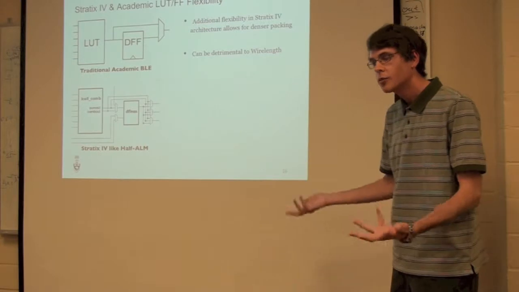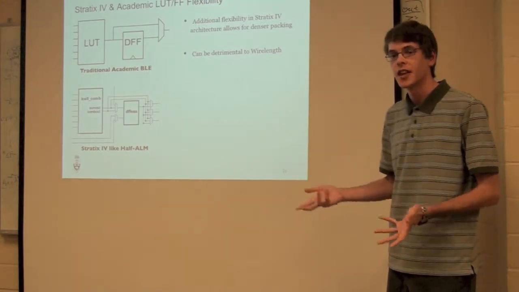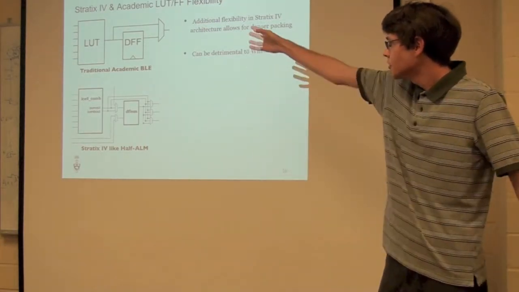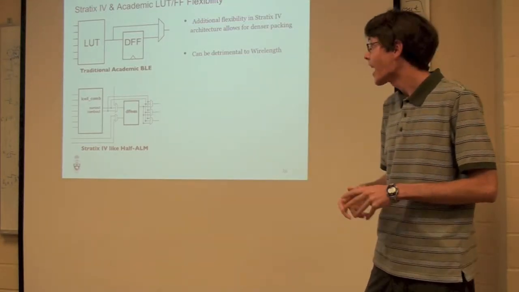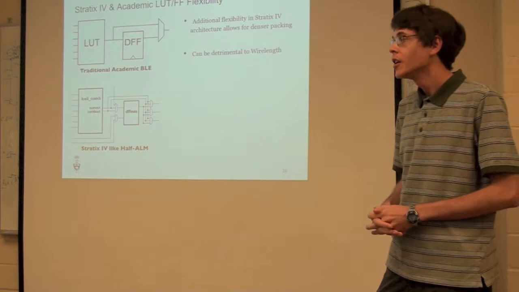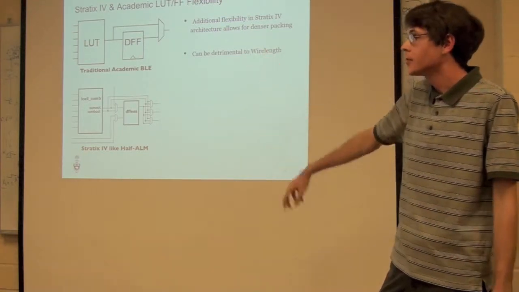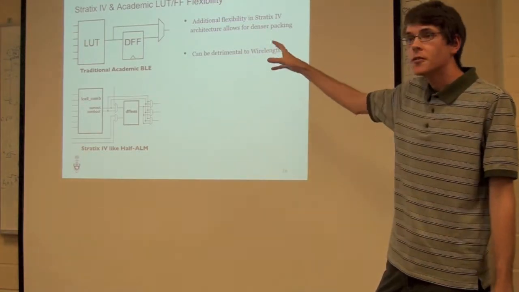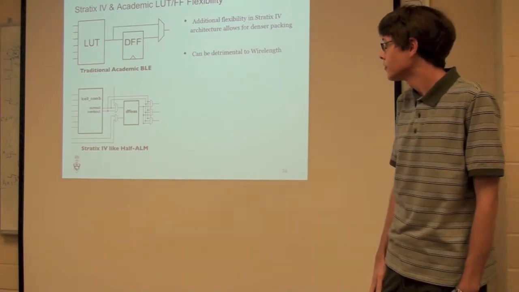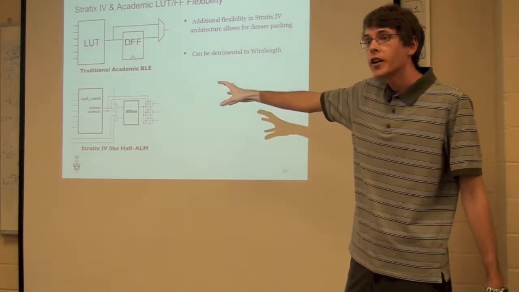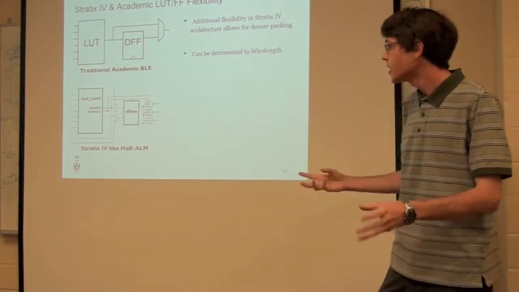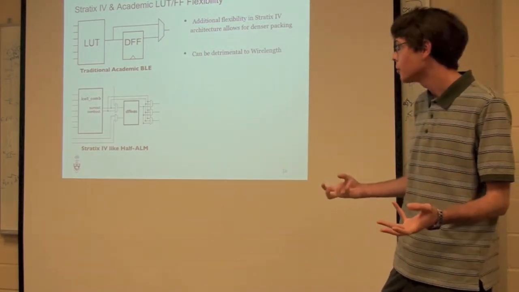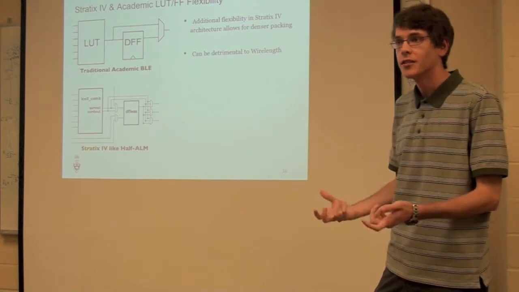And so we tried to come up with an explanation for why this is the case. In the top diagram, we can see a conventional academic basic logic element. Here you have a lookup table driving the flip-flop, and there's really no way to use the flip-flop without also using the lookup table. In a more Stratix 4-like architecture, there's a lot more flexibility to the design, and so you can potentially pack both the lookup table and the flip-flop independently.